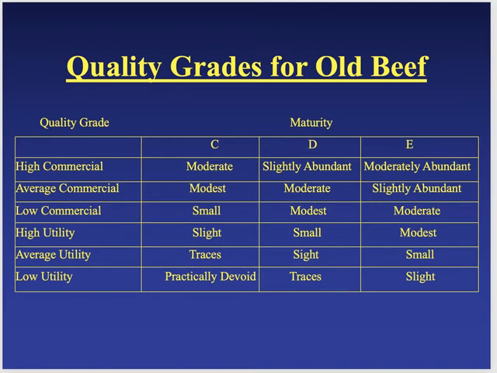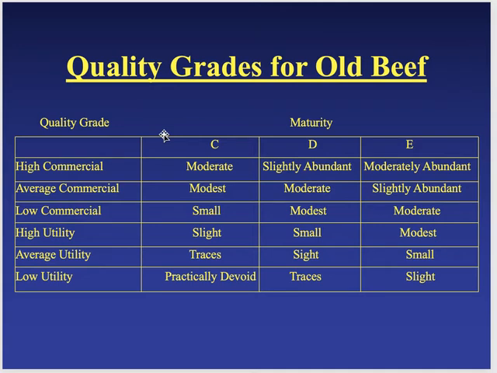But if we look at old beef, this is where we get into the C, D, and E maturity grades, like we have right across the top. If we look over here at our quality grades, even though we might be abundant or slightly abundant, like we see right here in the D and E, their age, even though they could be eligible for prime if they were young, means they're now old, so they're going to be considered on the commercial side of things.